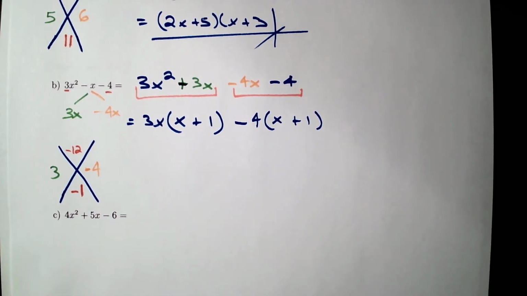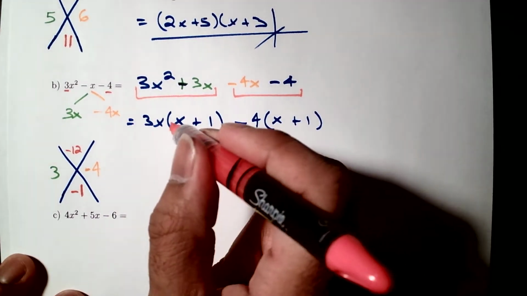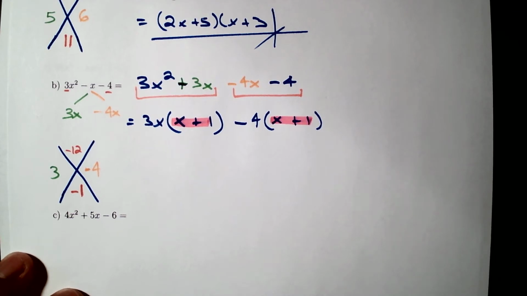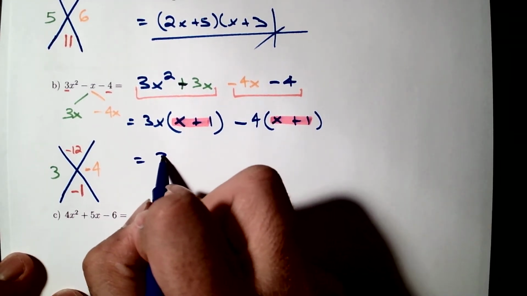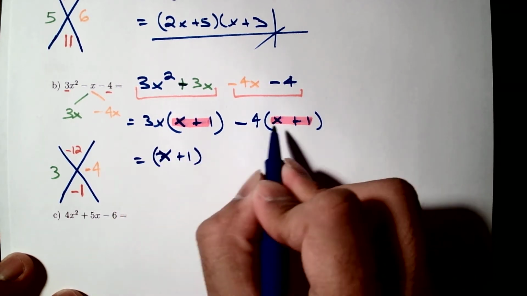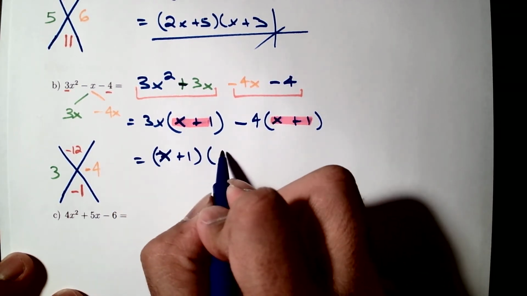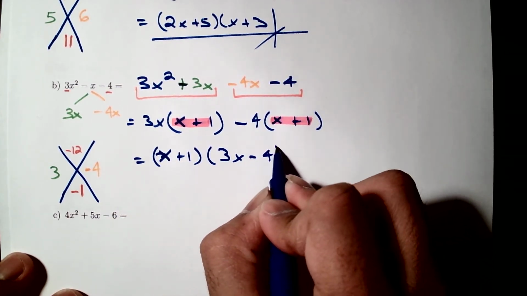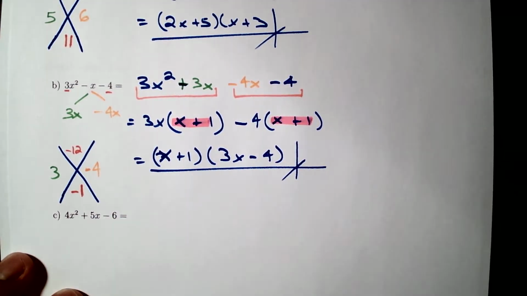All right. So again, what do we have in here? An overall GCF. So x plus 1 is the overall GCF, and that's times 3x minus 4. Final answer.